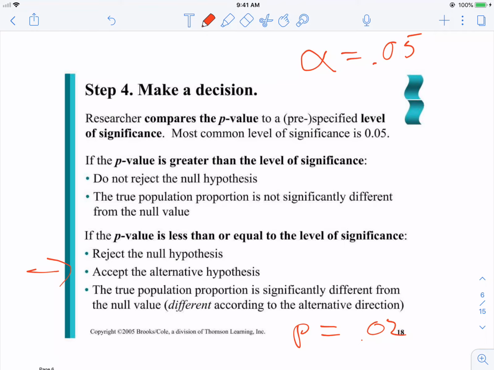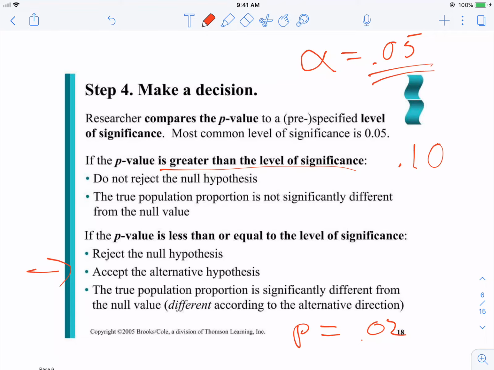Okay? Now, if that p-value is greater than that level of significance, greater than 0.05, let's say for argument's sake it's 0.10, 10%, now you're saying that you expect this in the null hypothesis, you got this value in the alternative, that there's a 10% chance of that happening just due to natural variation. 10% is not rare enough based off of our definitions here.